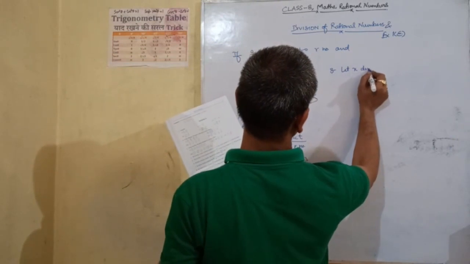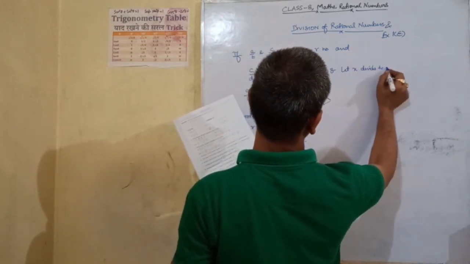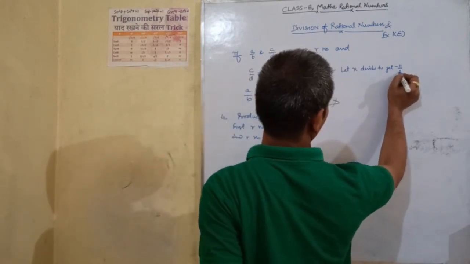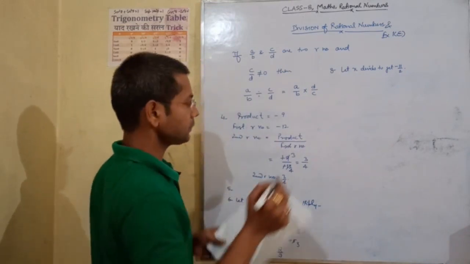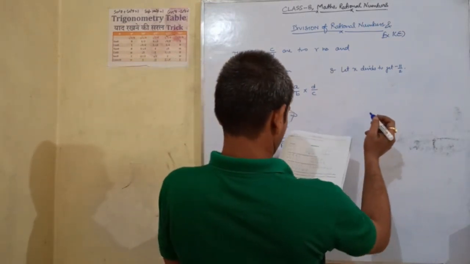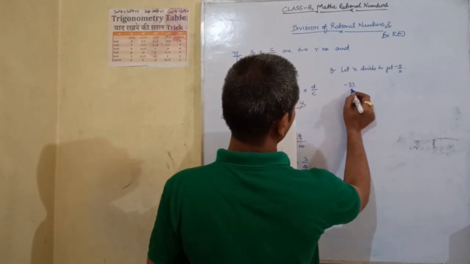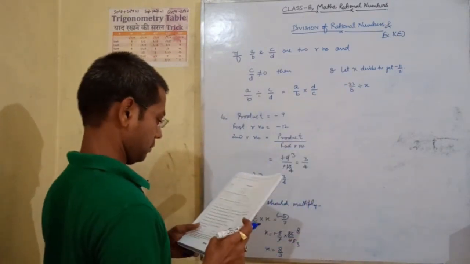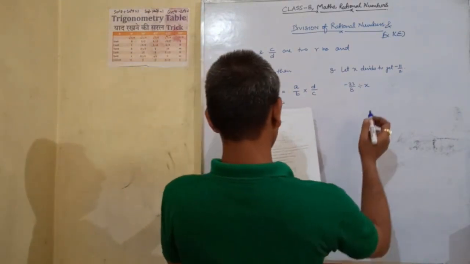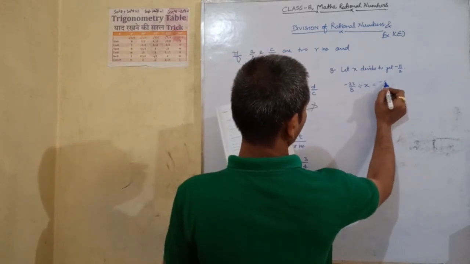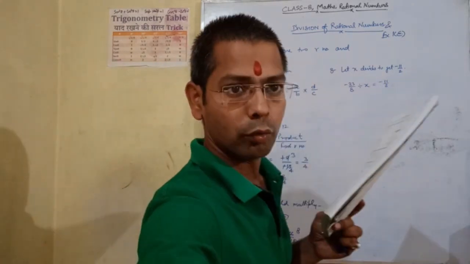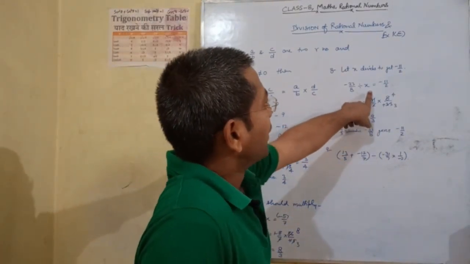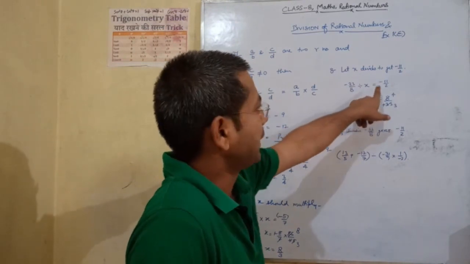Let x divide minus 33 upon 8 and give minus 11 upon 2.